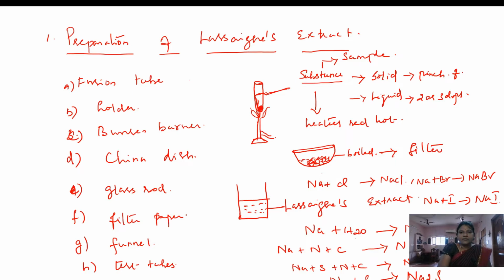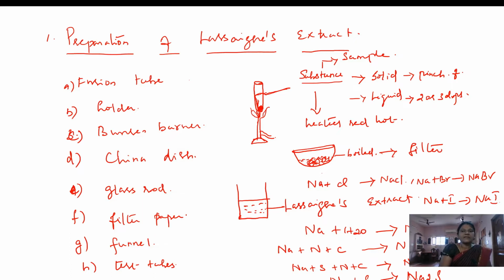For the preparation of Lassaigne's extract, we take a small piece of sodium metal in a fusion tube. This is the fusion tube. Sodium metal is so soft that we can cut it with a knife. A small piece is pressed with filter paper to remove the kerosene, because it is stored under kerosene.